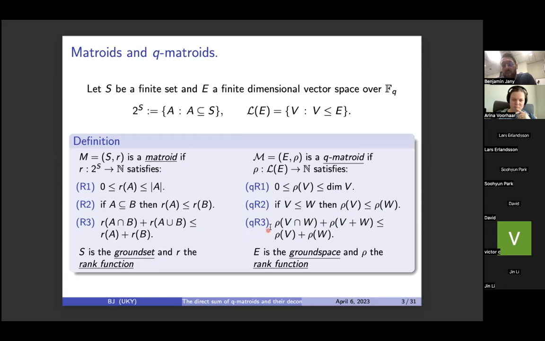And finally, and most importantly, the function needs to satisfy a submodularity property, where the rank of the intersection of two spaces plus the rank of the sum of those spaces must be less than or equal to the sum of the ranks. What we did to go from matroids to q-matroids is change the collection of subsets of a finite set into the collection of subspaces of a vector space, then change cardinality to dimension and union of sets to sum of spaces.